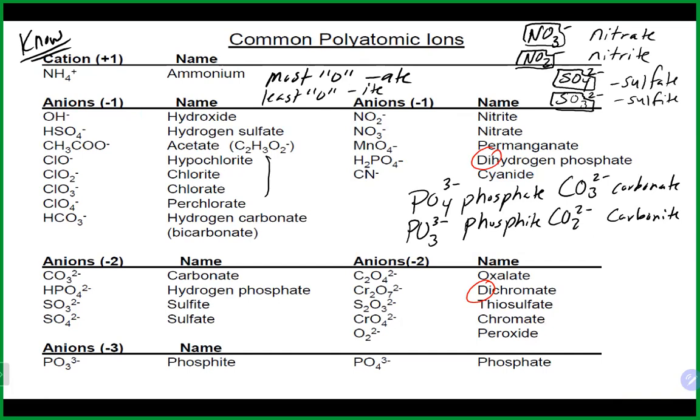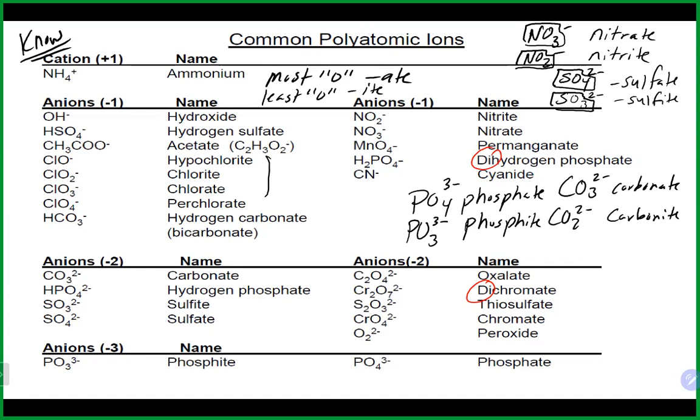It's not because you're putting the prefix in. So that's really the only place where you could have a type 2 metal with a polyatomic ion and have a Roman numeral and a prefix. But again, the prefix is not there because you put it in. It just happens to be part of the name.